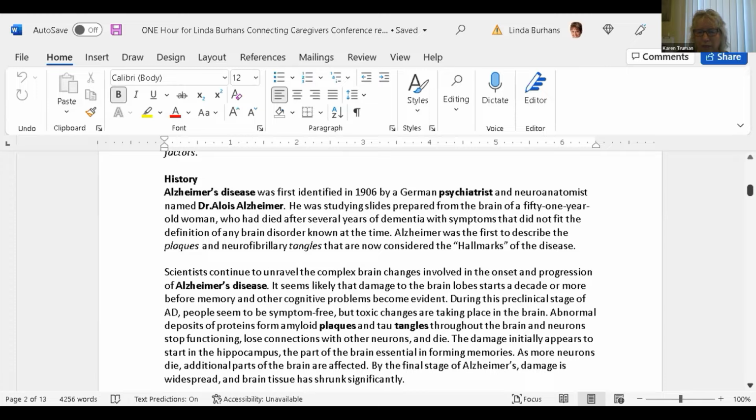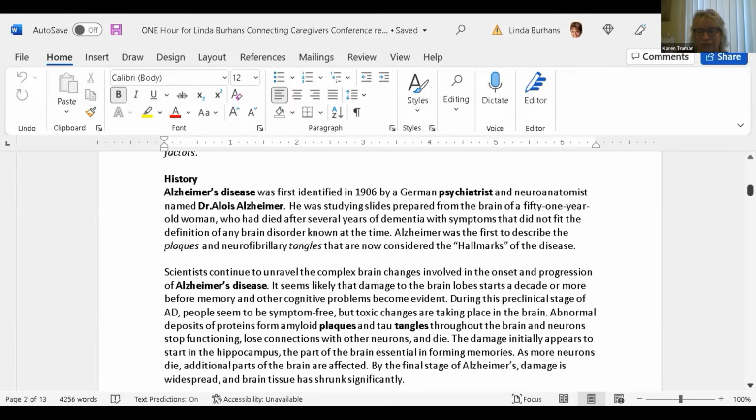And when he autopsied her brain, he was the first to describe what are called the plaques and tangles. So plaques in the brain form and then they tangle up the neurons and the brain can't function. It can't move because it's like gum, everything gets tangled up and it just kind of stops.